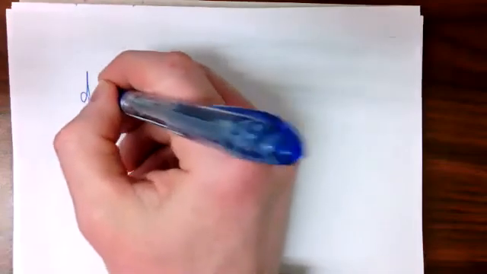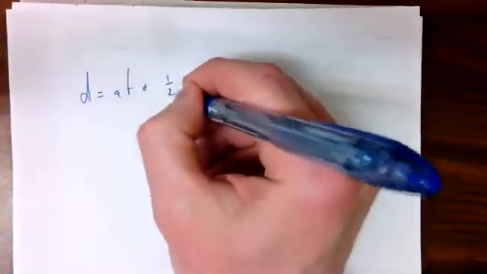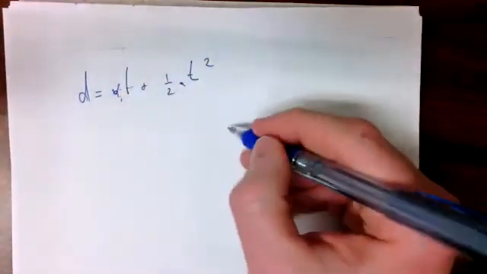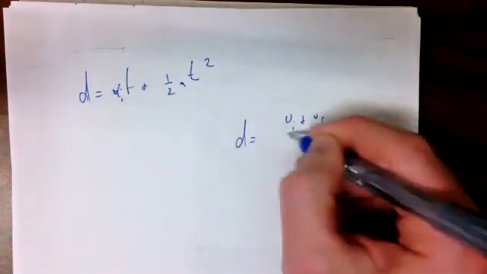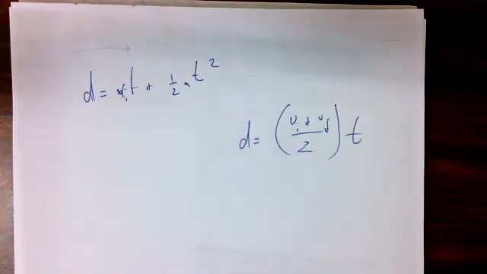It's almost like every once in a while you're going to get something where they say convert D equals vt plus 1/2 at squared, I'm making stuff up here, to D equals vi plus vf over 2 times t or something like that. It's that kind of question. That's like a calculus proof, so don't worry about it.